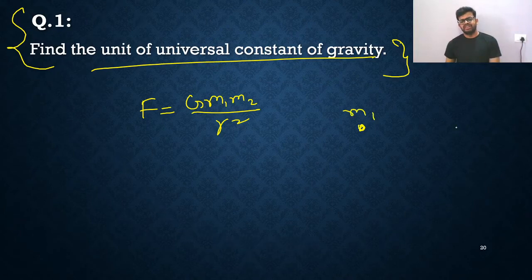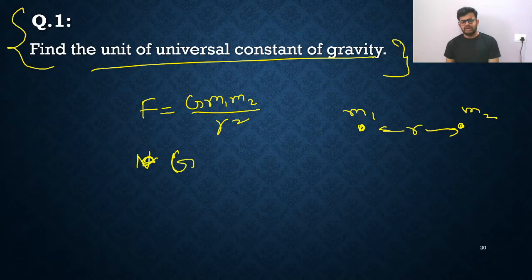This is mass m1, this is mass m2, and the distance between them is r. You remember this formula because it came in 8th class and 9th class also. So directly you will write the force between these two masses as G m1 m2 upon r square. Force has unit Newton. I need to find the unit of G.